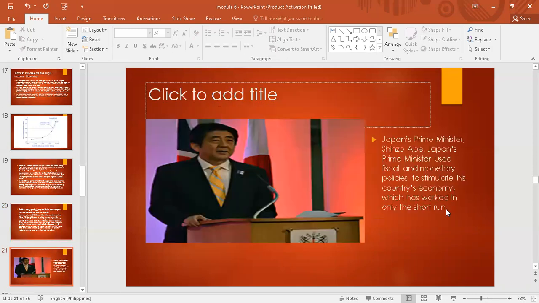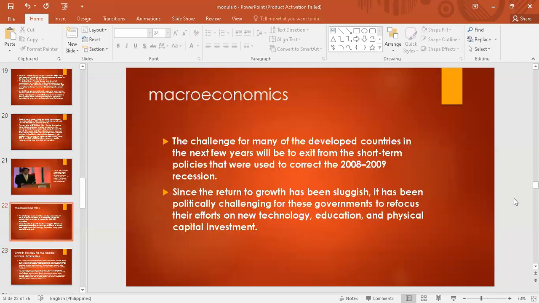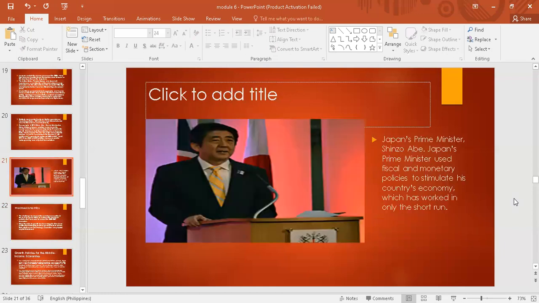Yan. So we will continue this discussion about the standard of living as a basis ng measurement for a healthier society, yung ating GDP. Yan, more on economics po.